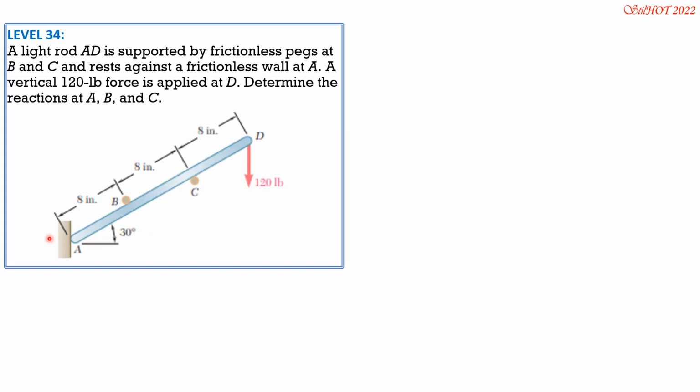So we have here, because these pegs are frictionless as well as the wall, the normal reaction at A is perpendicular to the vertical, so horizontal, N sub A. Then the effect of this 120 force is to cause N sub C to be up to the left.